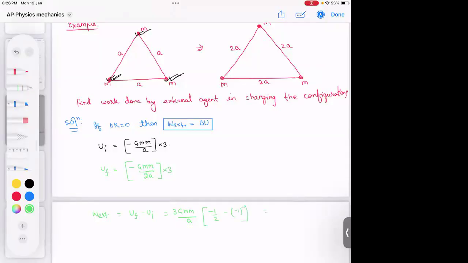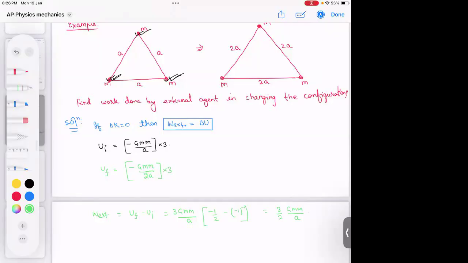So 1 minus 1 by 2, we are getting 3 by 2 G M m by A. That is the work done by external agent in increasing the separation between these particles.